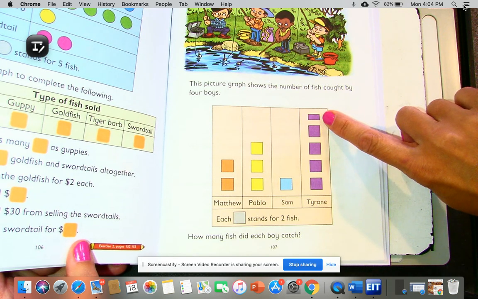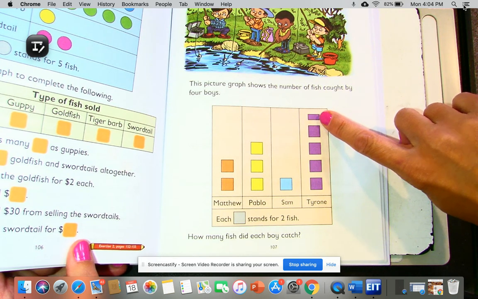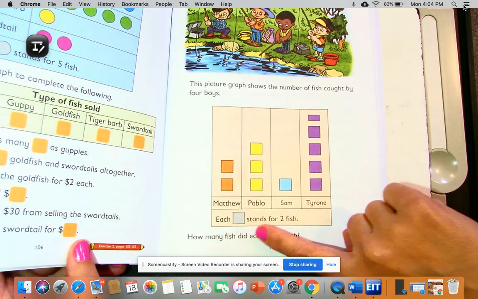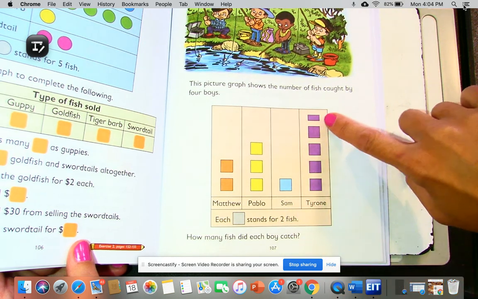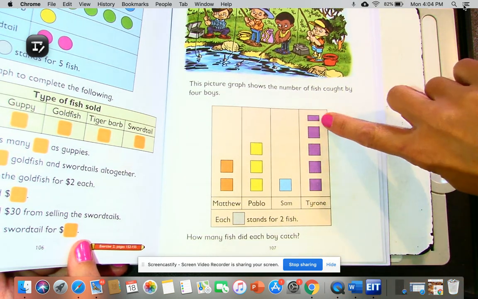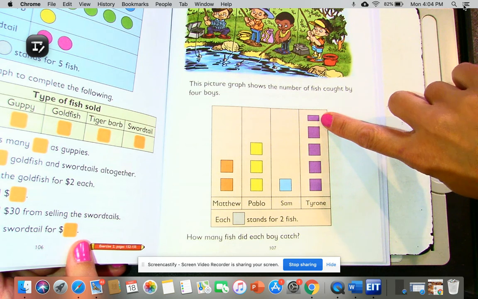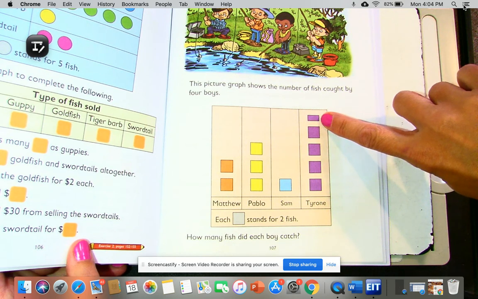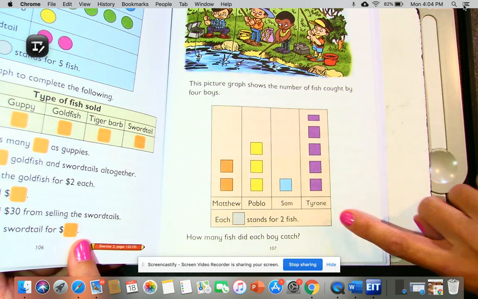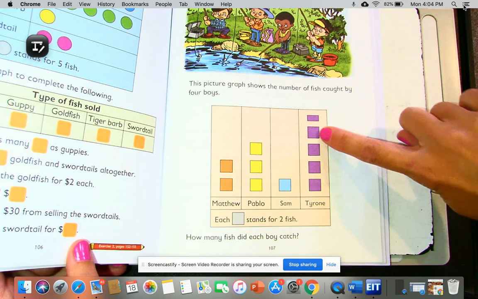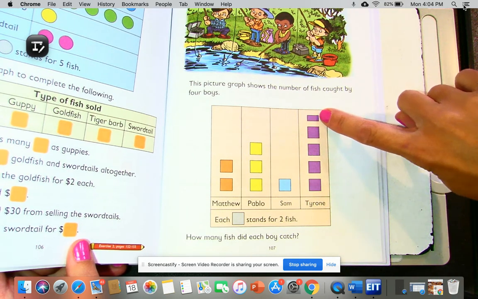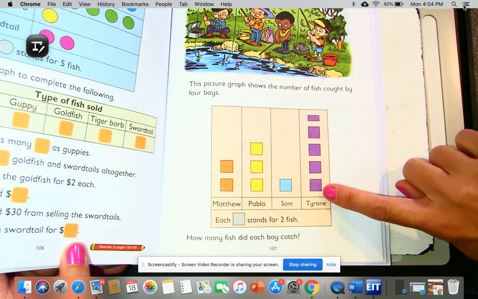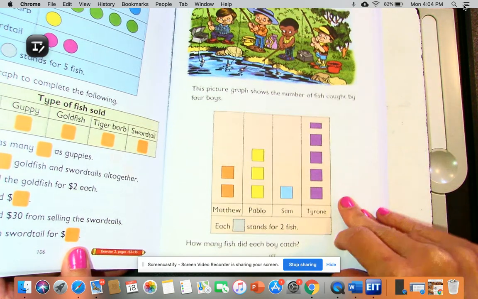This one is like half of a square. If 1 square stands for 2 fish, what do you think this half of a square stands for? Yeah, half of 2, which is 1, right? So this one would be 2, 4, 6, 8, plus 1 would be 9. So Tyrone caught 9 fish.